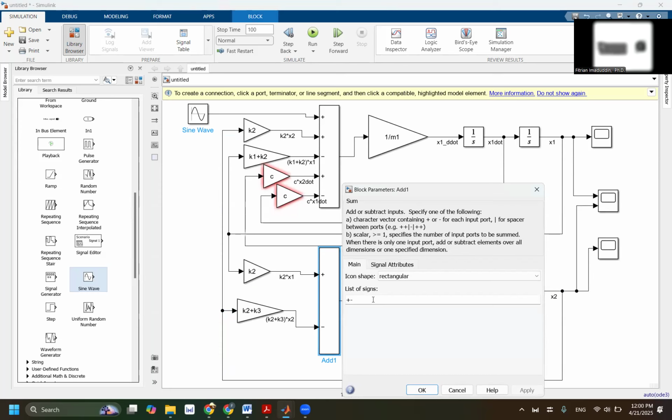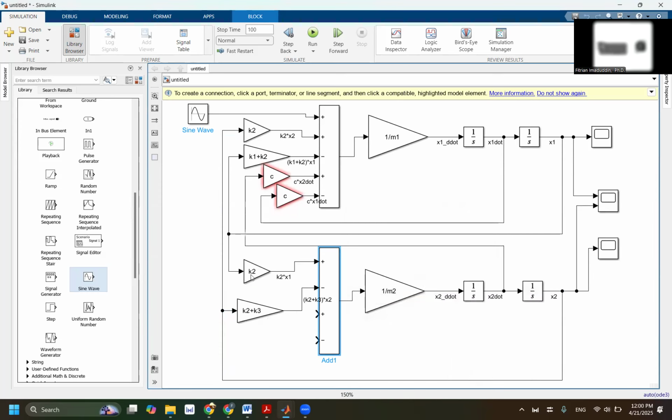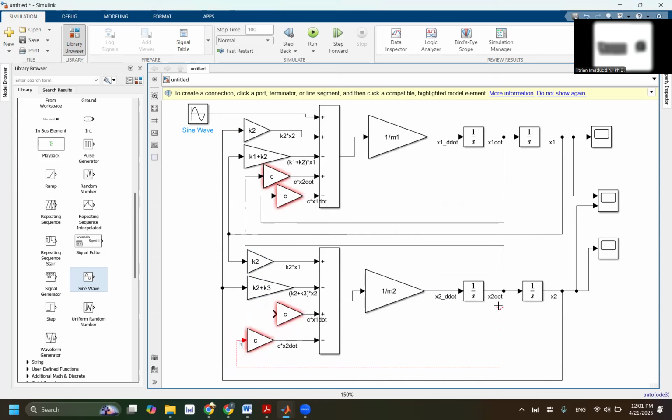I have plus and minus as well. And I will put also the C here and the C here. The first one is going to be C plus X1 dot, and the second one is C minus X2 dot. So I'm going to take it from here.